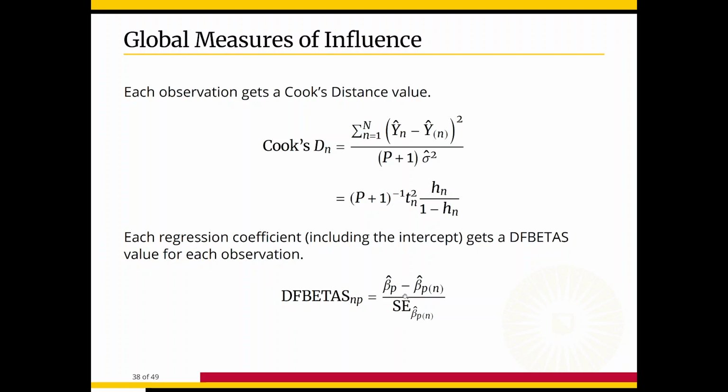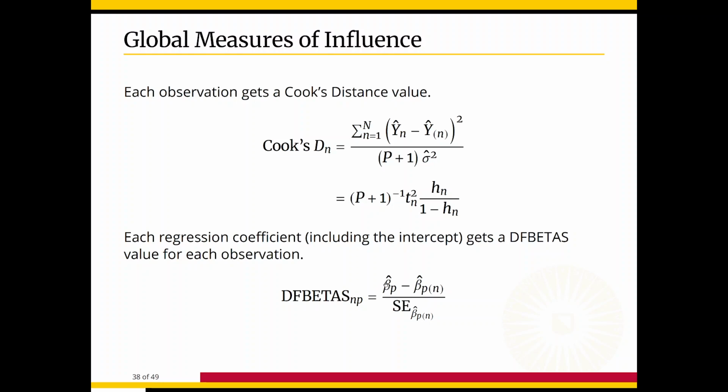Likewise, the DFBETAS follow a similar logic. We compare the coefficient estimate from the full model with all of the data to the coefficient estimated from the data with the nth observation excluded. So again, we have the same sort of deviance that we had up here, except now it is only for one coefficient at a time.